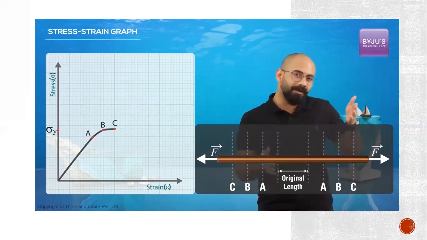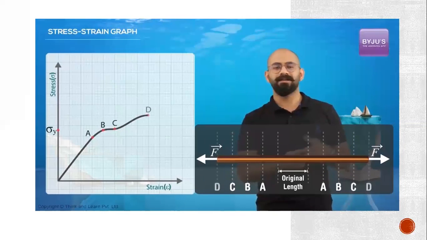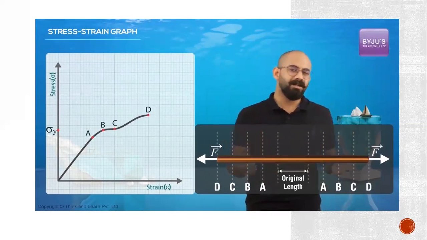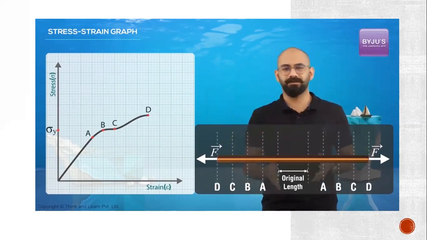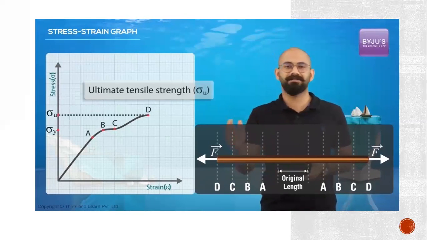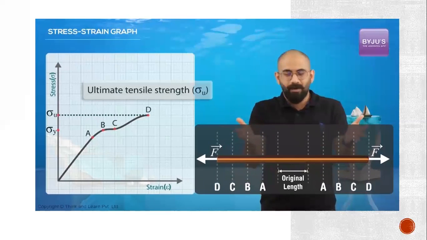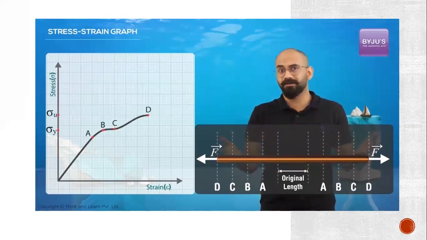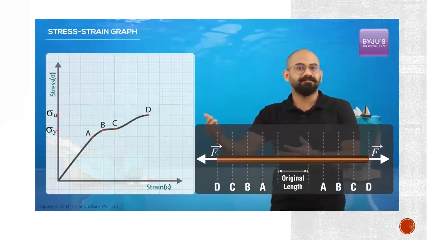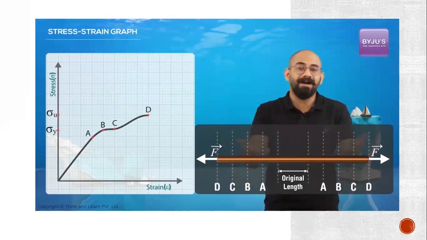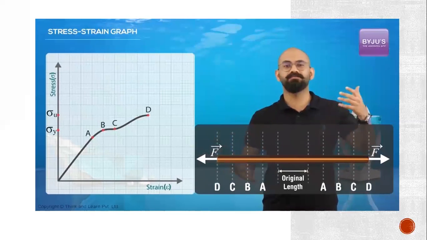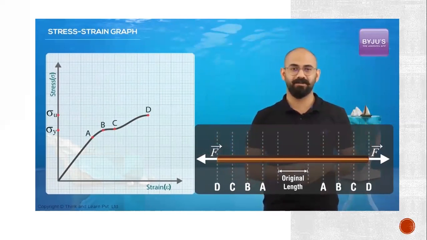The slope increases like that till it reaches a point D, which is the maximum stress possible. It's basically called the ultimate tensile strength. So basically, we've reached a point where the wire is almost going to fracture, almost going to break apart. At that point, you don't even have to increase the stress further to increase the extension or the strain.